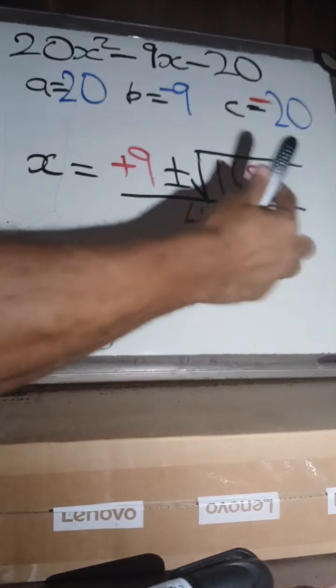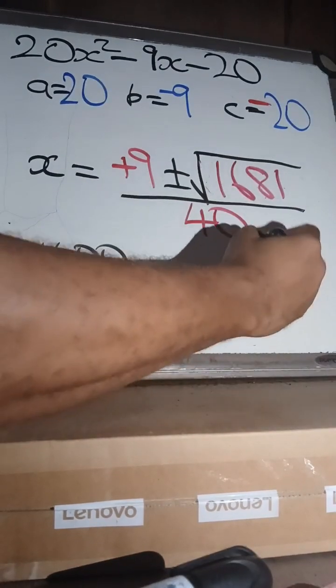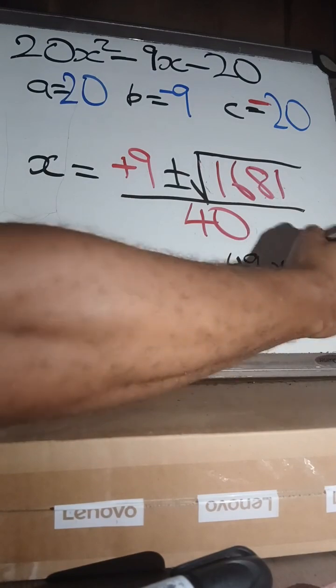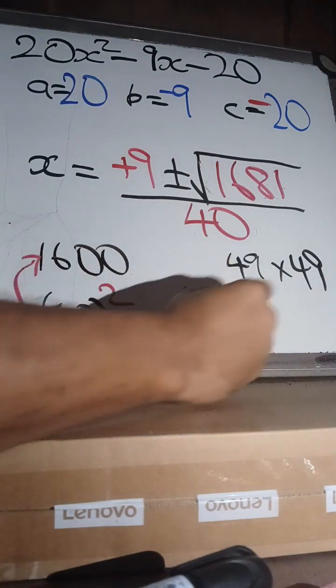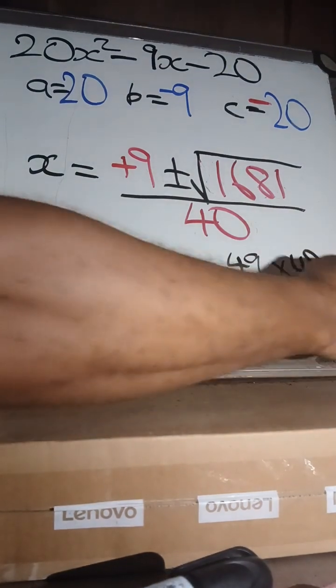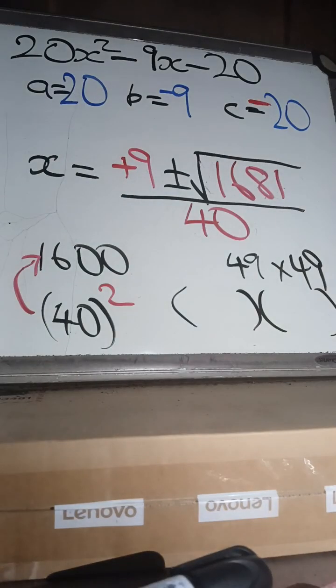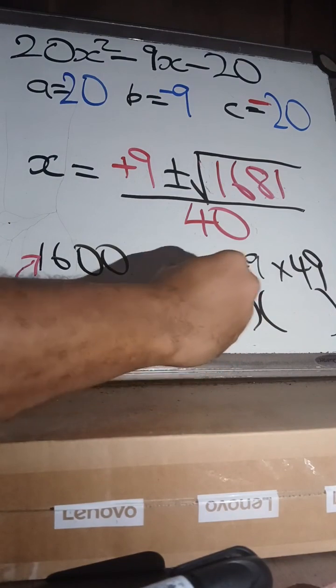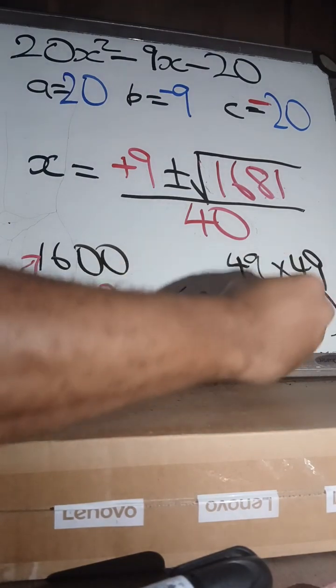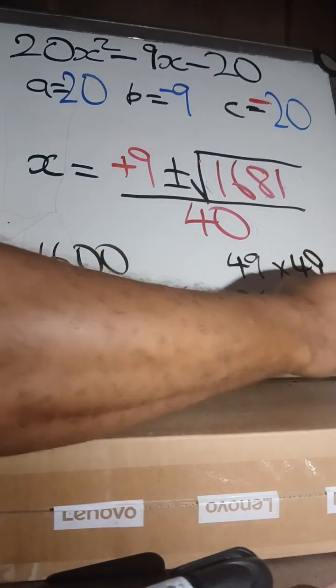So what could we do if we wanted to find out what 49 times 49 would be? What we could do is replace 49 with something else. Replace it with 50 minus 1 and 50 minus 1.